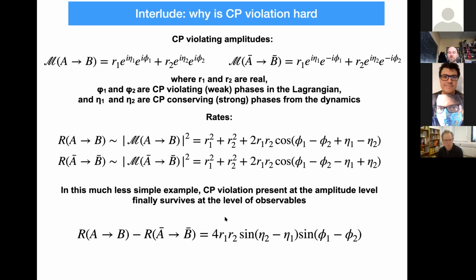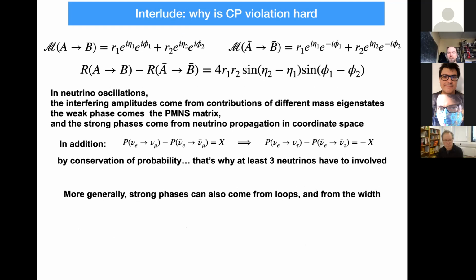If we take the difference of the two, you see that it will be proportional to the difference of the strong phases between these two interfering processes and the difference of the weak phases between these two interfering processes. So this is why CP violation is so hard. This is why there are so many conditions.